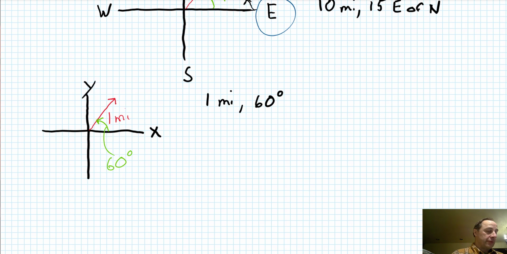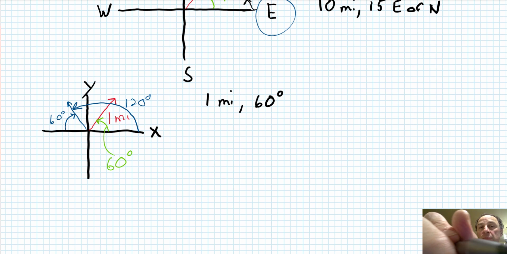If the vector was over here, say, at 60 degrees from here, it wouldn't be at 60 degrees. You'd be measuring it from here, and that would be 120 degrees.